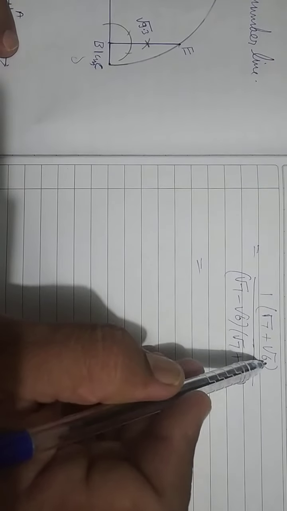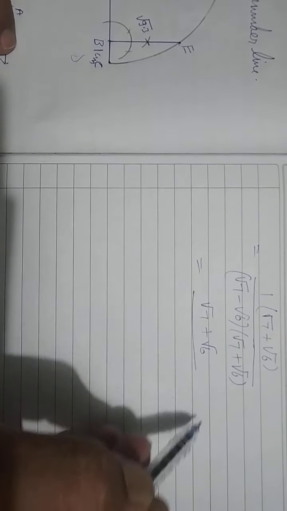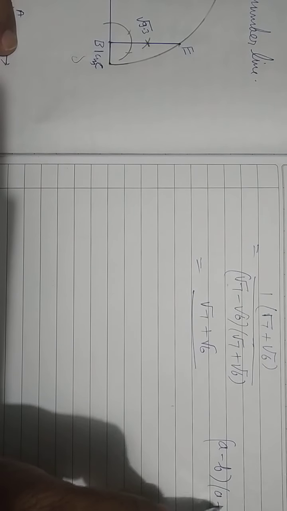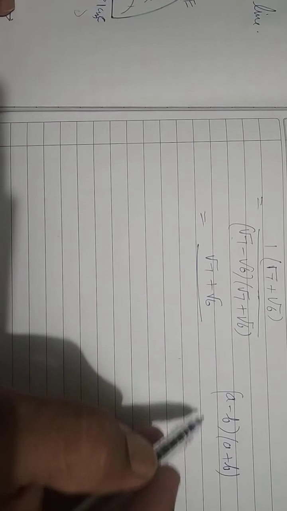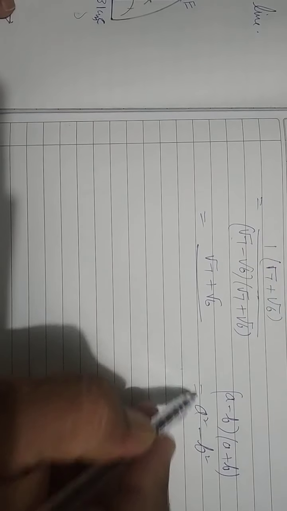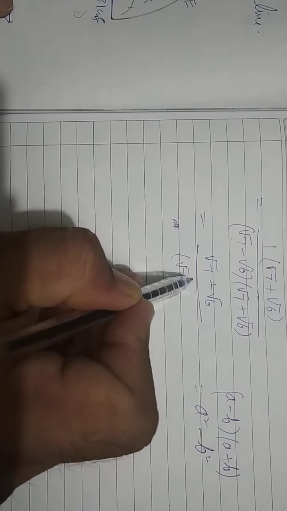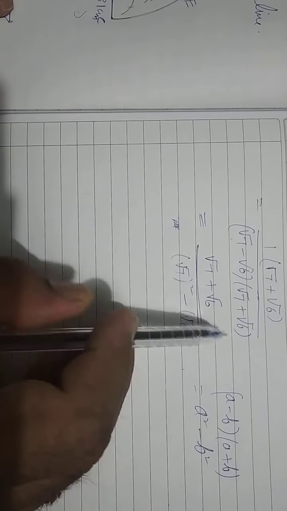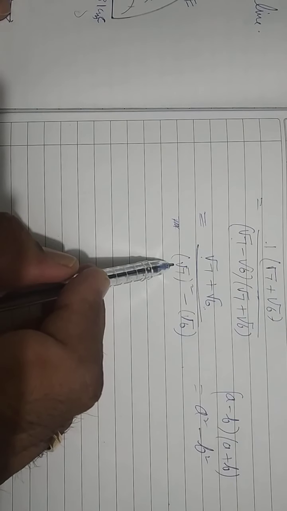Now 1 into root 7 plus root 6 is root 7 plus root 6, and the denominator is like a minus b into a plus b. So we know the algebraic identity, a minus b into a plus b is a square minus b square. So the denominator will become root 7 square minus root 6 square.